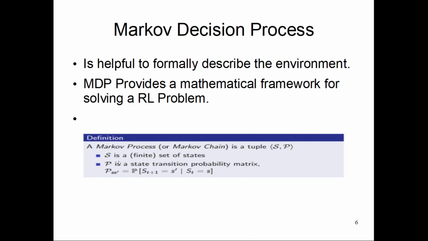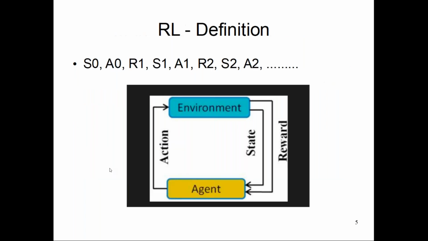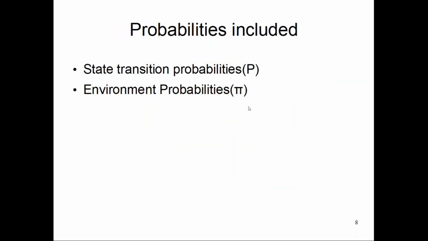From S0 to S1, from S1 to S2, this transition has a probability involved. In this particular diagram, there may be a straightforward probability of 1 for S0 to S1, and 1 for S1 to S2. So this transition from state to state is called the state transition probability, which is referred to by P.